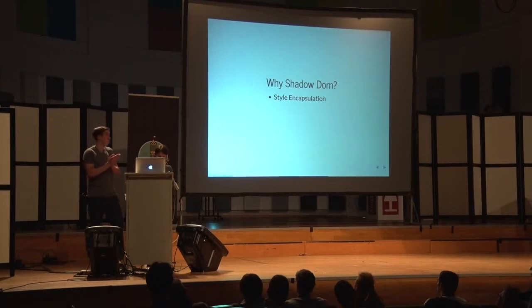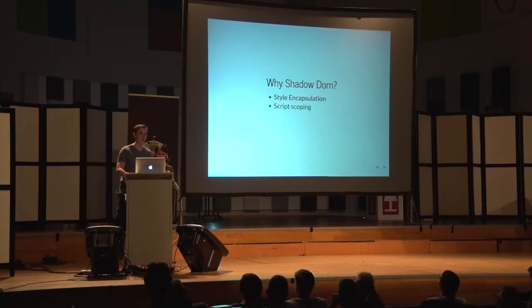Now, normally, you have to write really specific selectors in your CSS in order to get that button to show up as red, for example, and all the other buttons as blue. With the shadow DOM, you can just say, I want all the buttons in this shadow DOM to be red. And all the other buttons that aren't in the shadow DOM won't know this and won't react to it. So there's a really good style encapsulation.